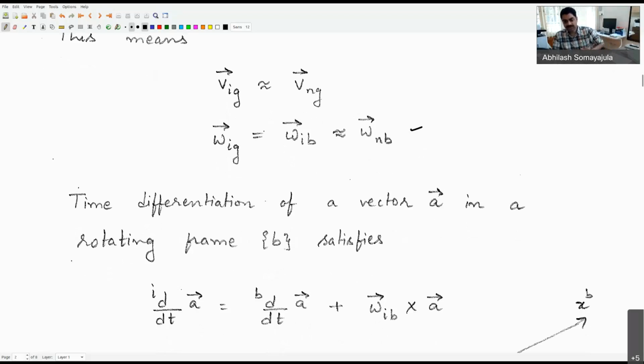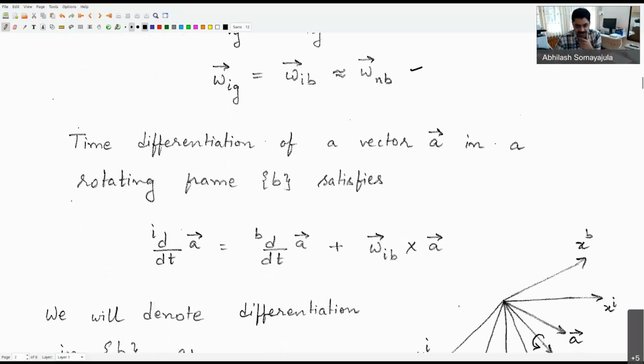Okay, now we have to introduce something of a notation, the time differentiation of a vector A in a rotating frame B. Note that our B is our body fixed frame. If you want to express in that frame, the time derivative is not the same as what you would expect in an inertial frame.